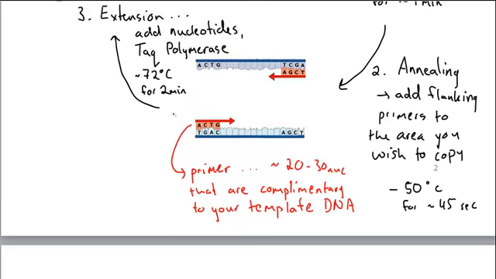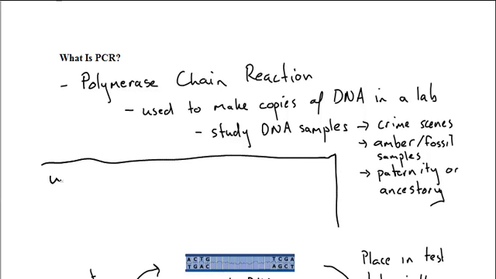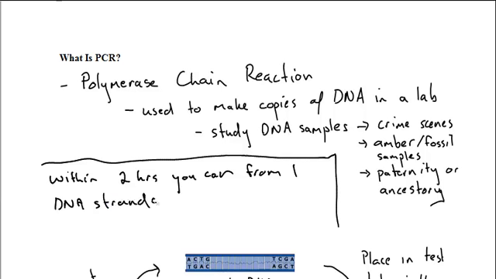Okay. And the idea here with the polymerase chain reaction is approximately within 2 hours you can go from one DNA strand, or very few DNA strands, to 68 billion copies.